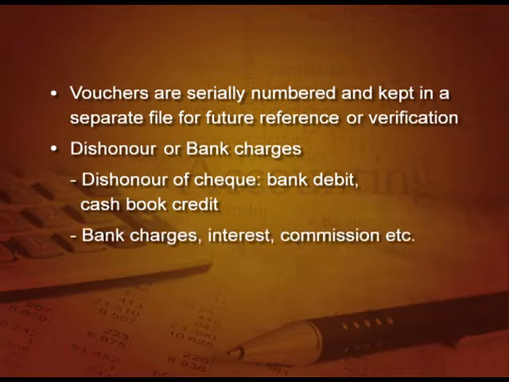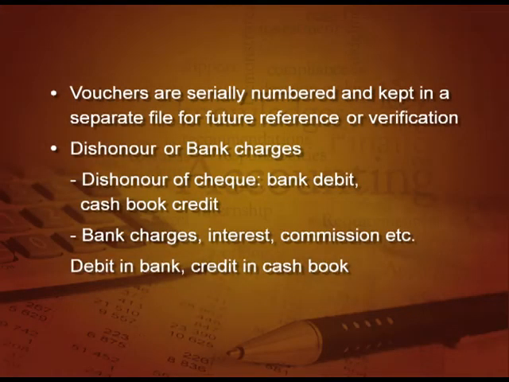And similarly, bank charges, interest, commission, etc. charged by the bank will have the same effect, that is debited in the bank and credited in cash book bank column. Let us take few examples on double column cash book.